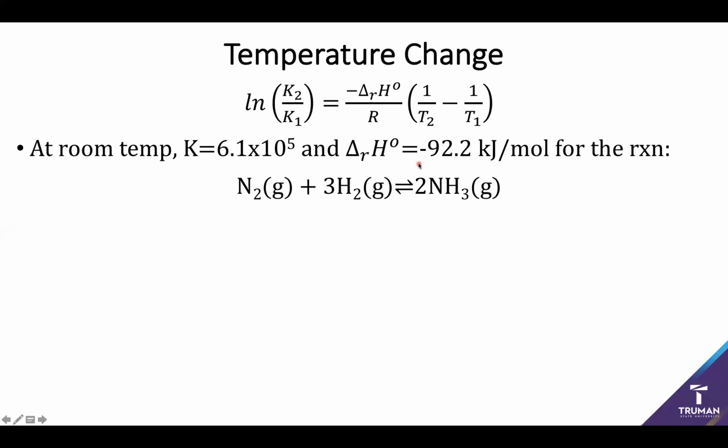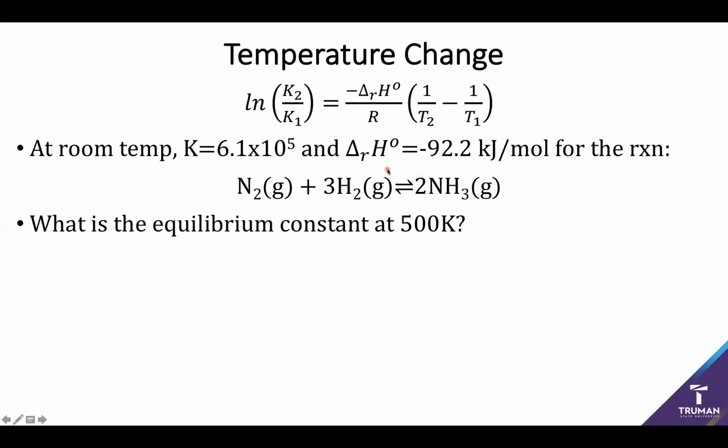So again, we expect this reaction to be favored for lower temperatures, which might make it surprising that the reaction is actually run at 500 degrees Kelvin. In order to figure out what my equilibrium constant is at this new higher temperature, I can simply rearrange my Van Hoff equation, raise both sides to the exponential, so raise it to the power of e, and then multiply by my initial equilibrium constant.